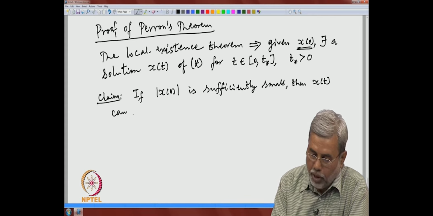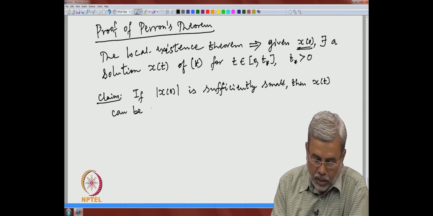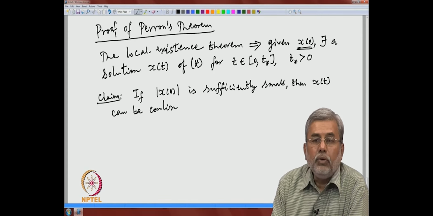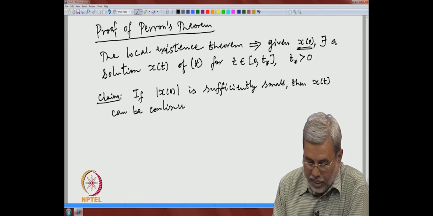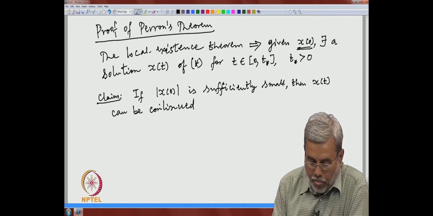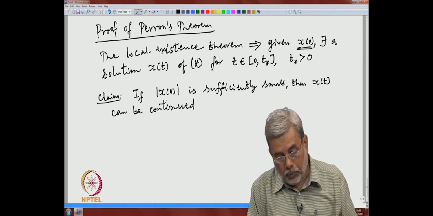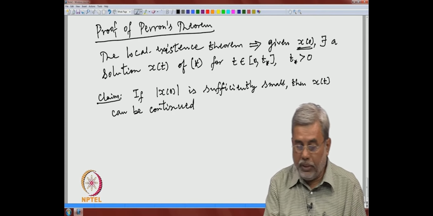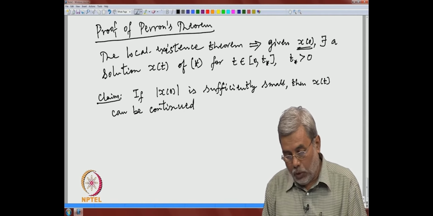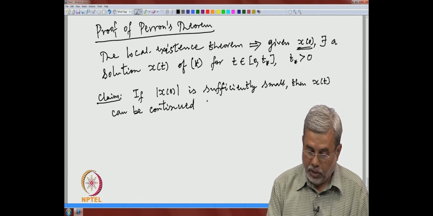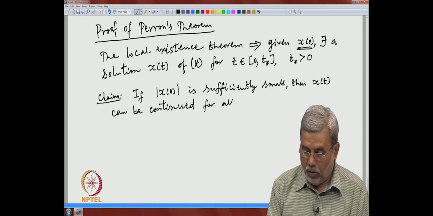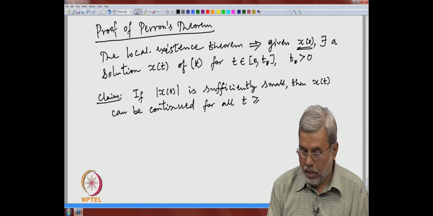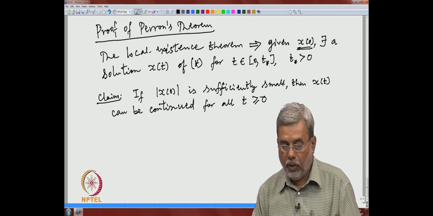So, this is also part of the existence theory we have done earlier. When is it possible to continue a solution which exists for a short time to all times, continued for all t positive.